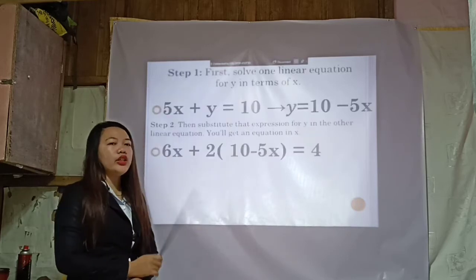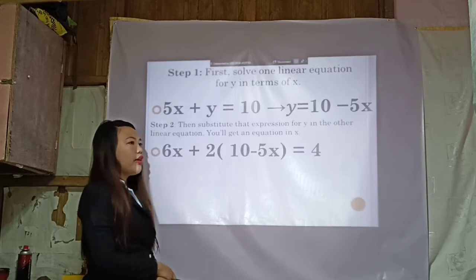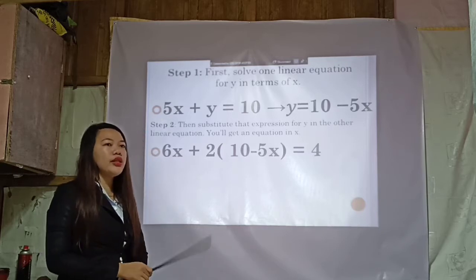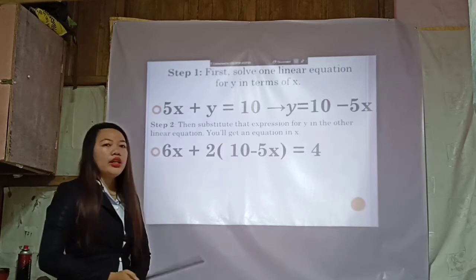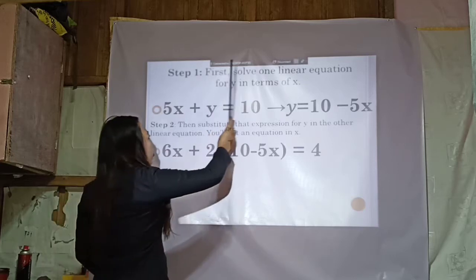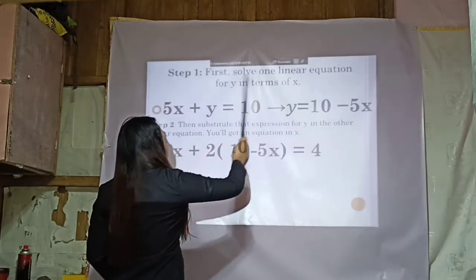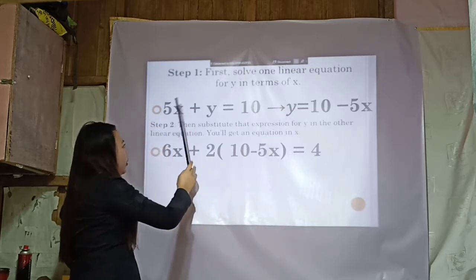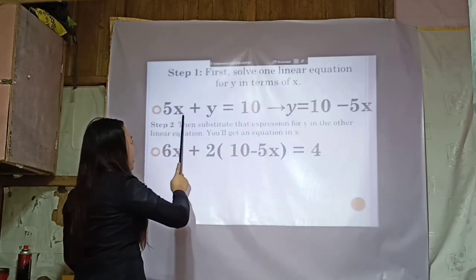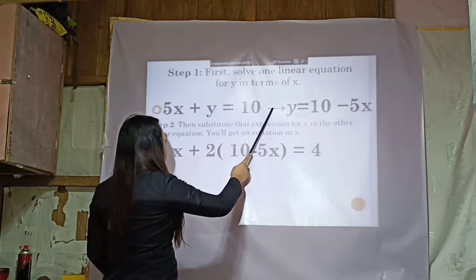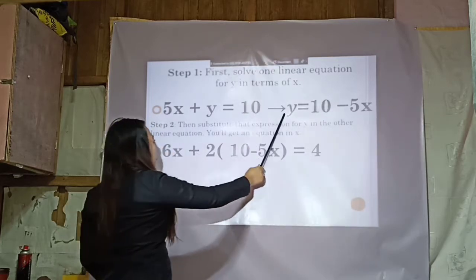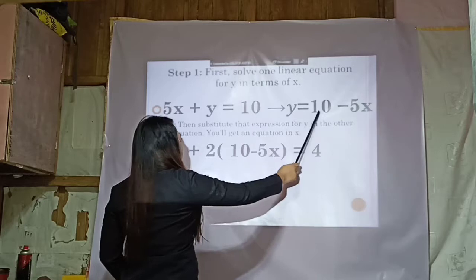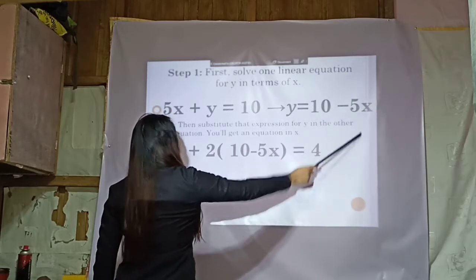So in order to solve a system of linear equation using substitution method, first step is to solve one linear equation for y in terms of x. So transpose this 5x in order to become y is equal to 10 minus 5x.